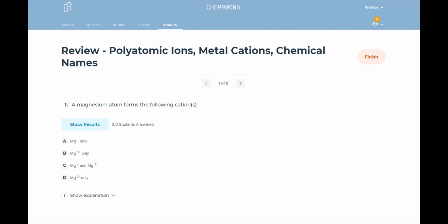Open this in another window because it should save your answers, so you can go back to it and don't necessarily need to write this down. Then you're going to enter Chem 9 Wong, all one word.